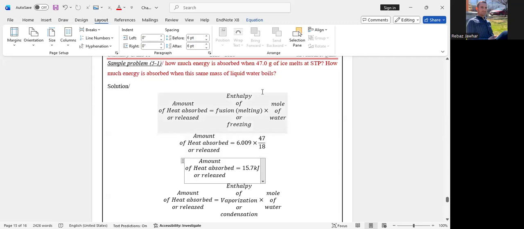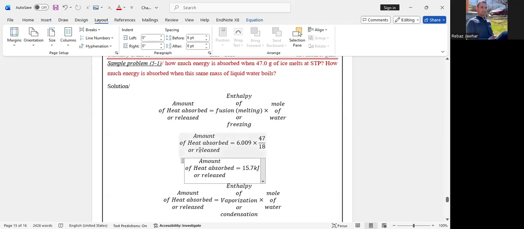Mass is given as 47, so 47, which is mass, over 18, which is the molar mass of water, is equal to the moles of water. So instead of moles of water, we use the rule of mole, which is mass over molar mass.